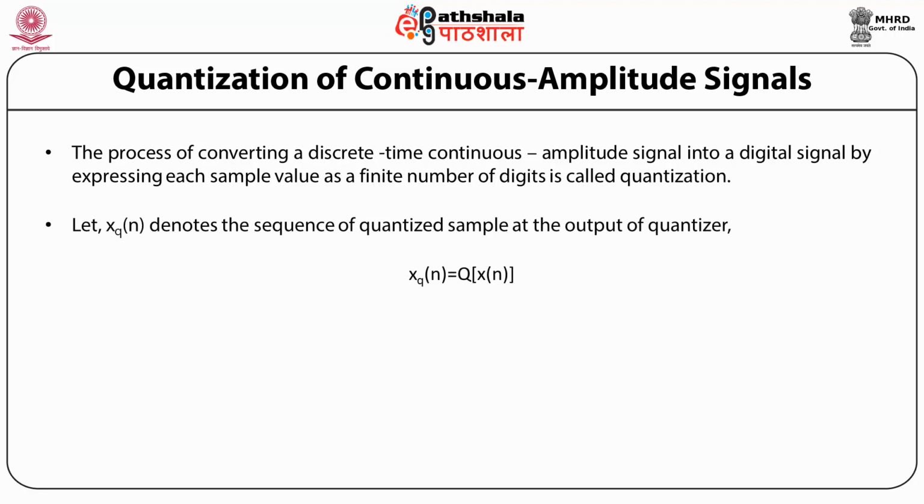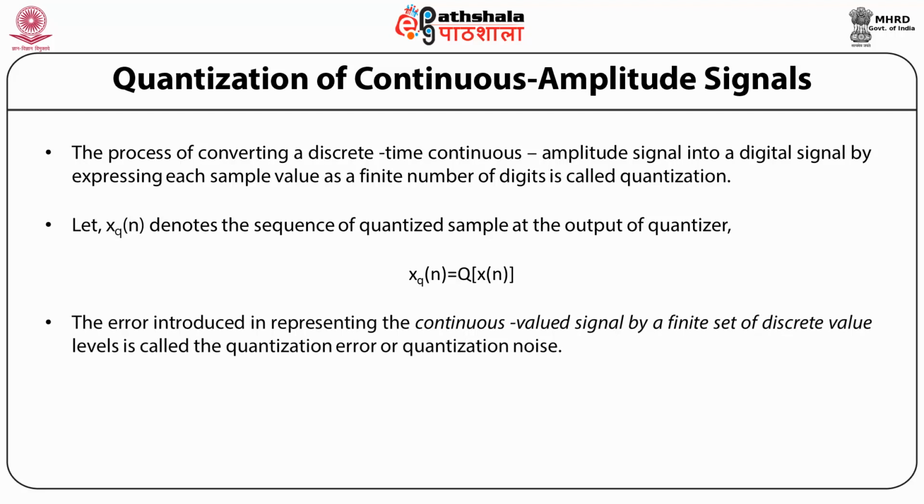Let xq(n) denote the sequence of quantized samples at the output of the quantizer, that is xq(n) = Q[x(n)]. The error introduced in representing the continuous valued signal by a finite set of discrete value levels is called the quantization error or quantization noise.